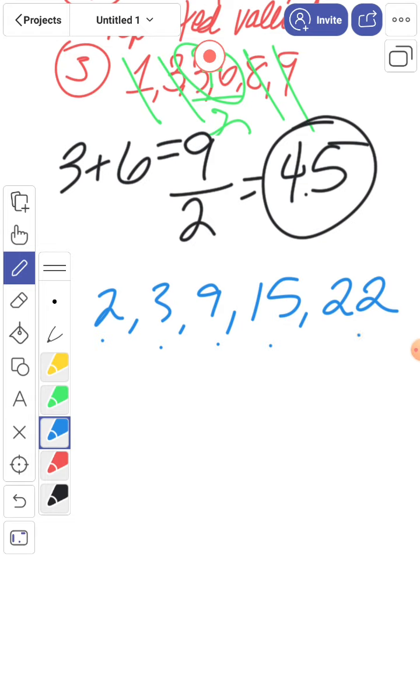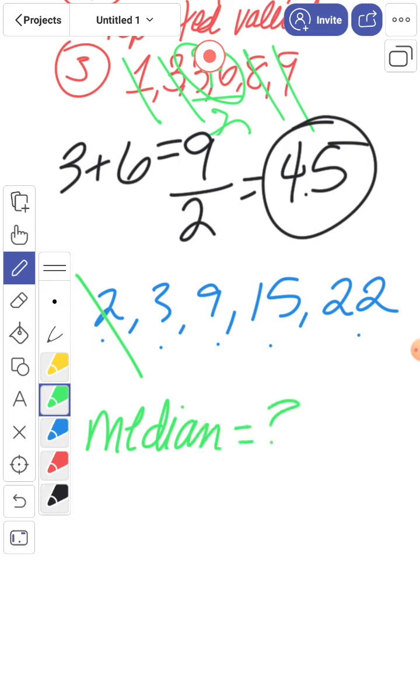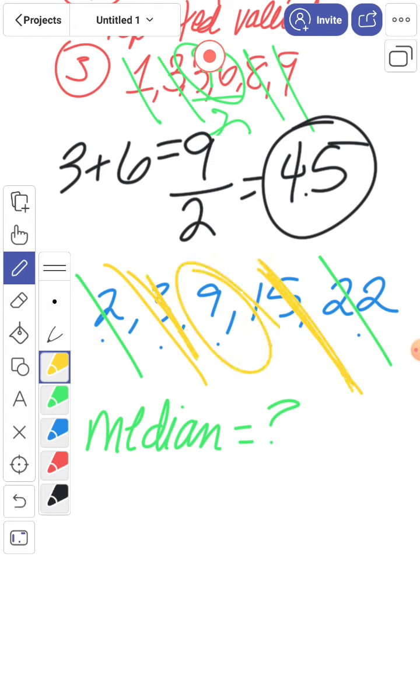It's already in order, and I want to know what the median is. So I cross out the ends, cross out that one, crossed out. I have 9 left over, so my median is 9.